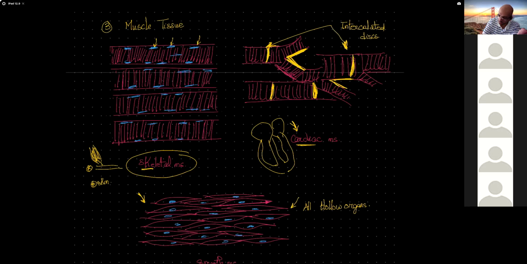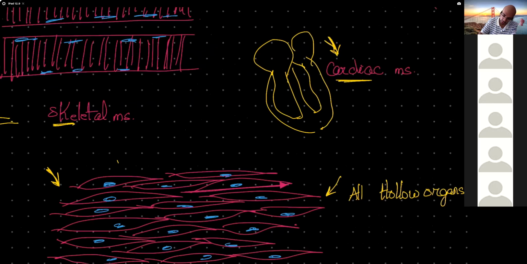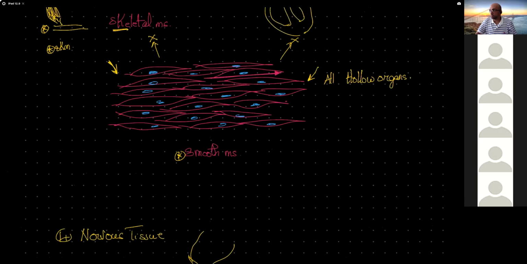So anything else that is under involuntary control and can contract is going to be formed by smooth muscle tissue. All right.